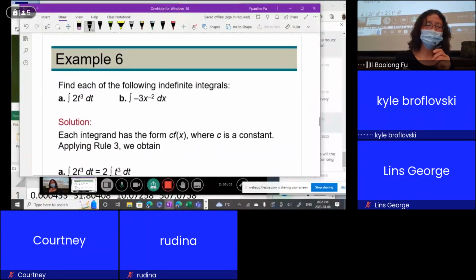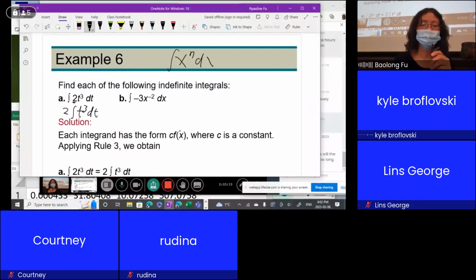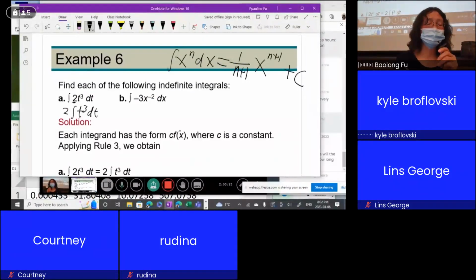Okay, now let's do question A. First, we can move these two outside the integral. Next, we use the rule that the integral of x^n dx equals 1/(n+1) x^(n+1). We use this rule for t cubed.